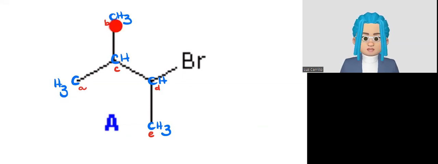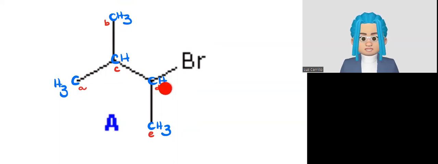When we look at letter B, because that carbon has 3 hydrogens, that is not a chiral carbon. Letter C has the hydrogen and this whole group, but because it has a CH3 and a CH3, carbon C is also not chiral.